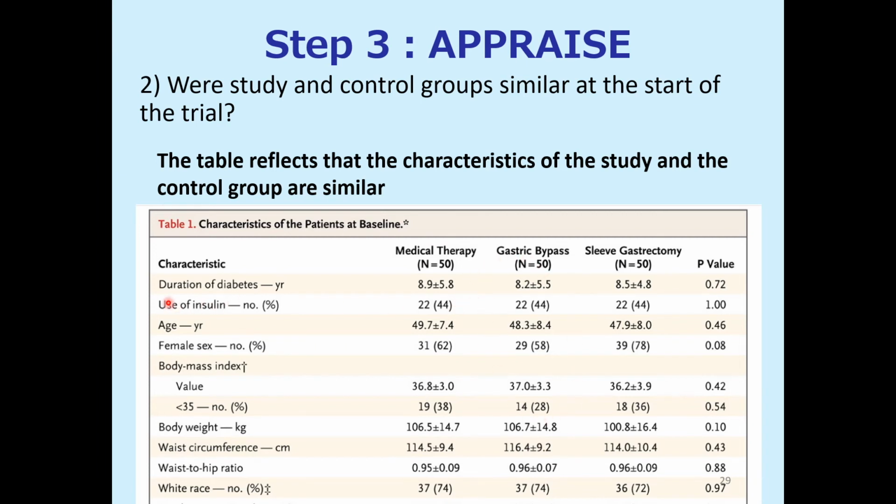The duration of diabetes is kind of similar, the use of insulin is kind of similar, and the age is also kind of similar. So the characteristics of the two groups are similar in this study.